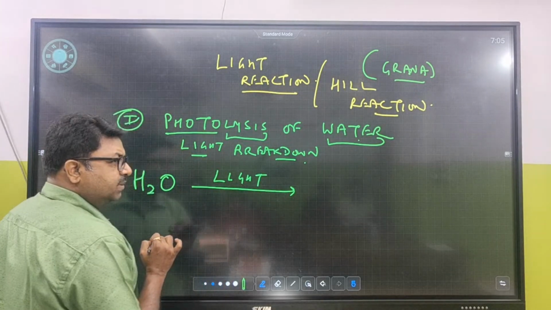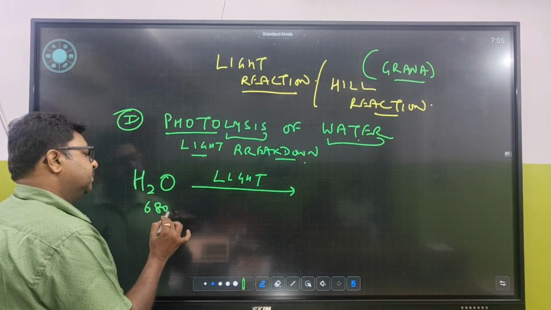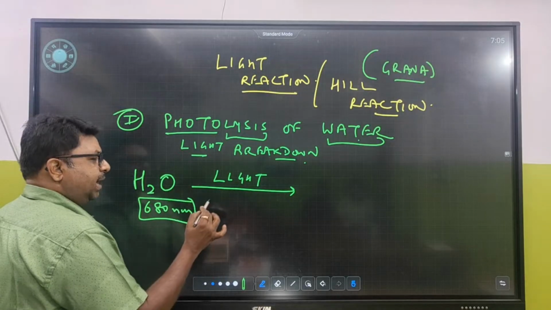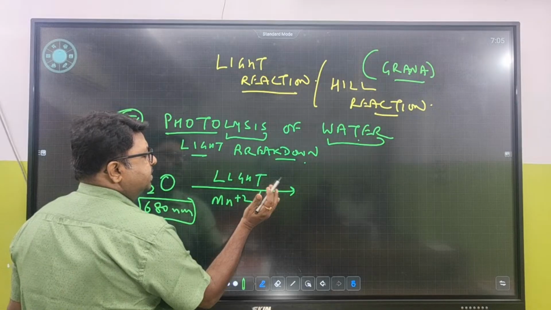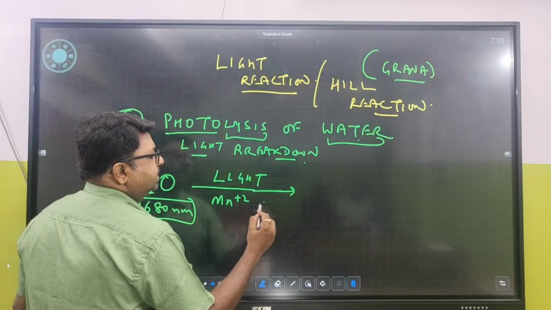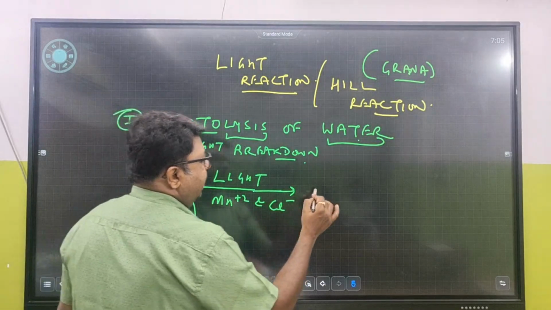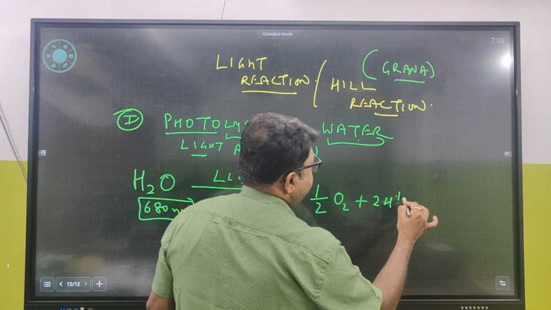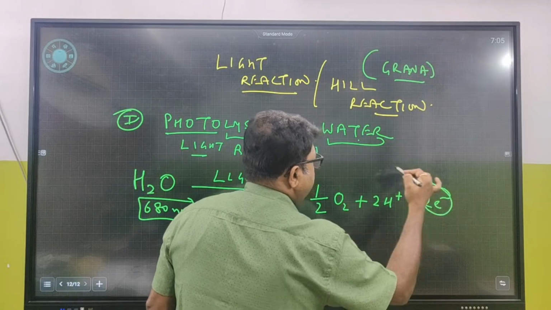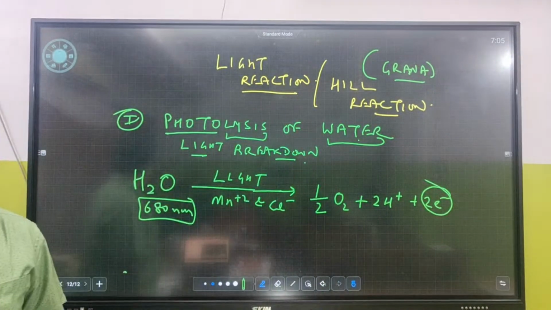And you tell me the wavelength? 680 nanometer. And for that, what is required? Mn+2 and Cl minus, chloride. And ultimately it is going to make what?